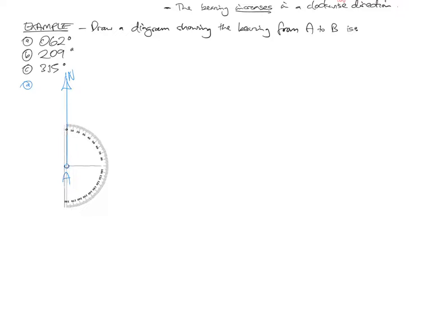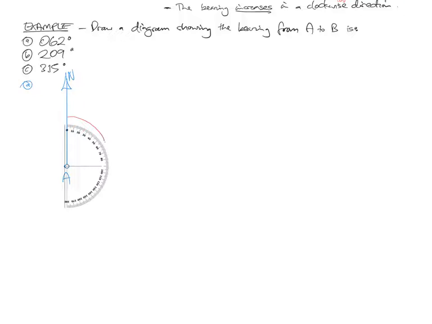I'm just trying to line it up. It's very sensitive to the fingers, so if I can't do it straight away, sorry about that. I'm going to line up the center of the protractor with the point. 0 is lined up with true north because true north is 0 degrees. And so now it's lined up, I can determine where 062 degrees is by where it is on the protractor. So you go clockwise.